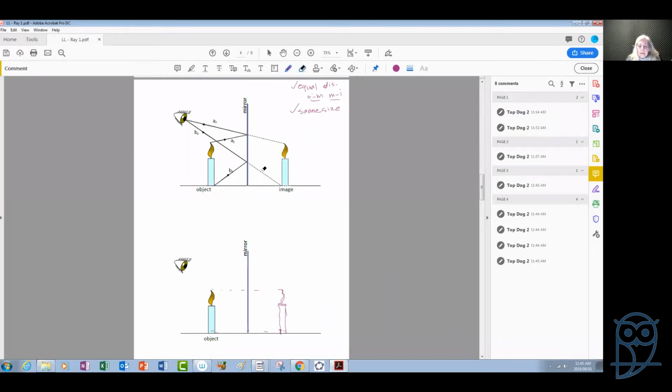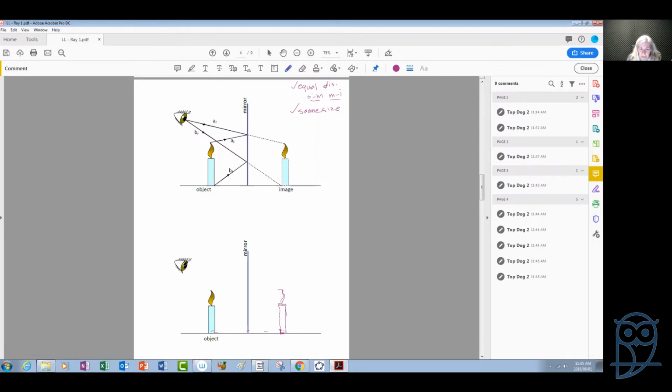Now, first thing, draw the image following these guidelines. Okay, now we have the image. Say that the observer is in this position. The observer could be anywhere, as long as we have an eye to begin with. Put the observer somewhere.